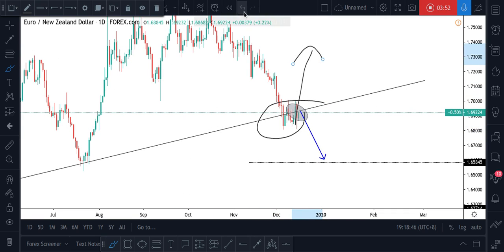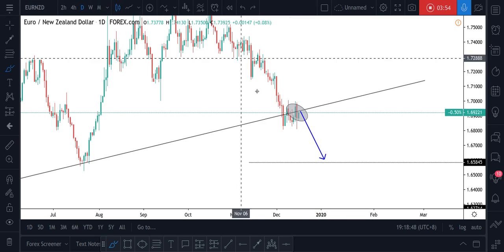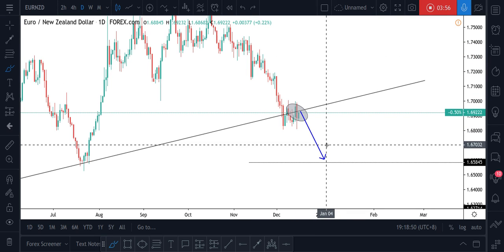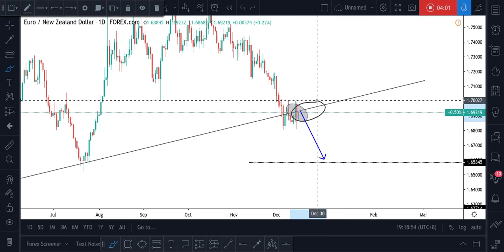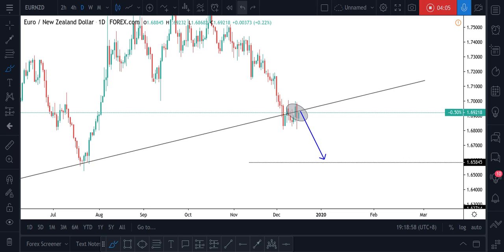So we need to make sure and be confirmed that the market is respecting and retesting this trend line on the weekly time frame. We need to make sure that we can see a good retest and a good break down to the bottom.